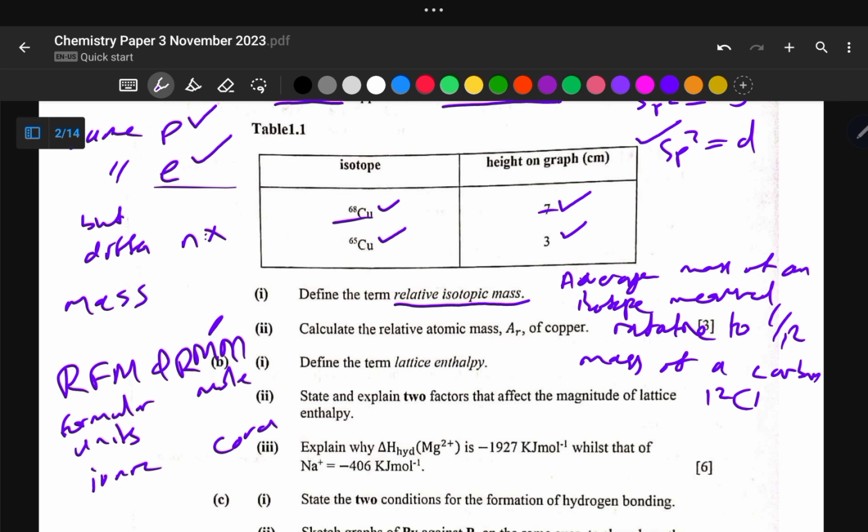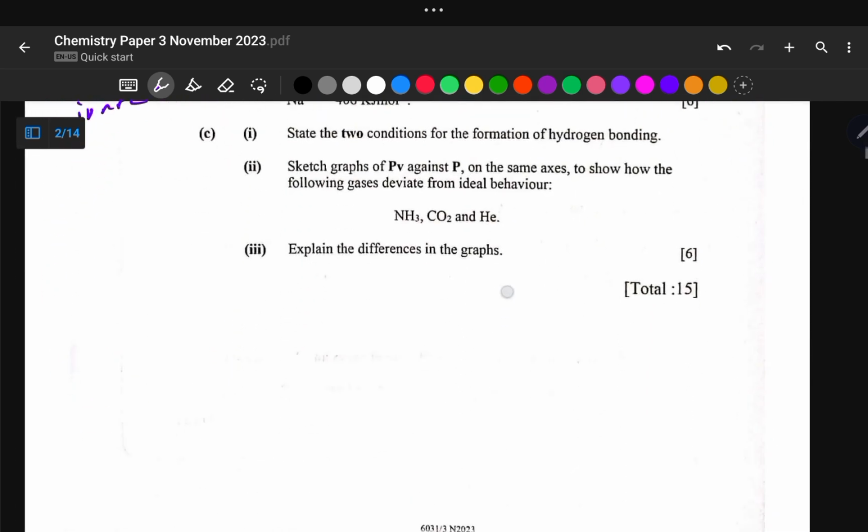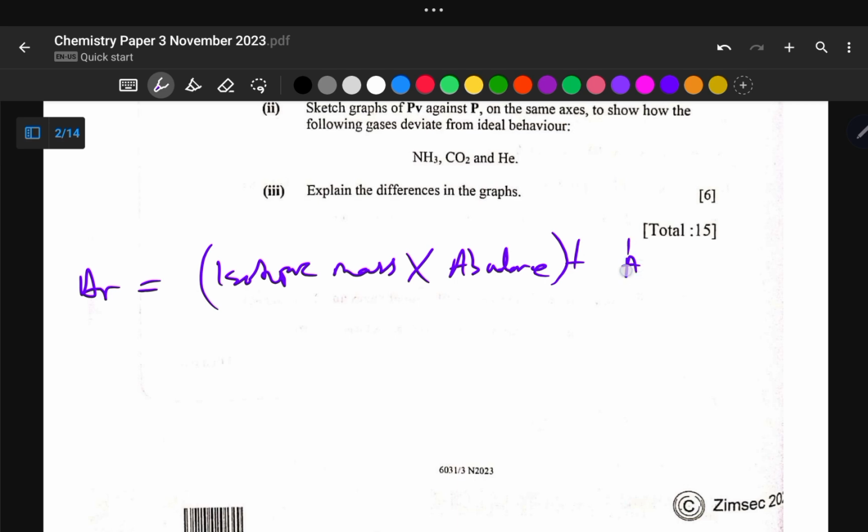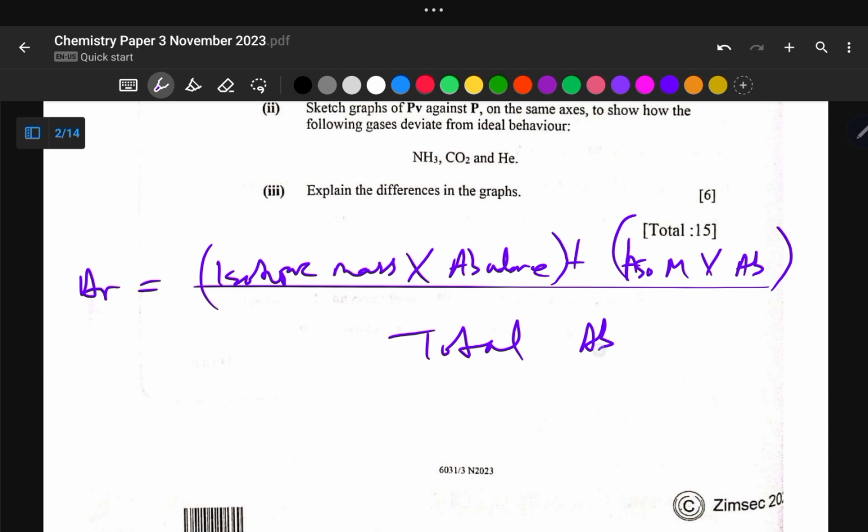Now we're moving on to the next part, which says calculate the relative atomic mass of copper. We use the formula: Ar is equal to isotopic mass multiplied by abundance, plus isotopic mass of the next isotope multiplied by abundance, all over total abundance.